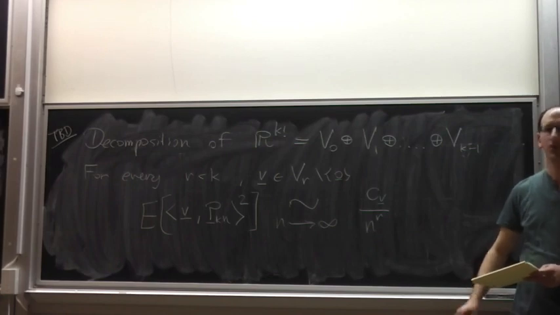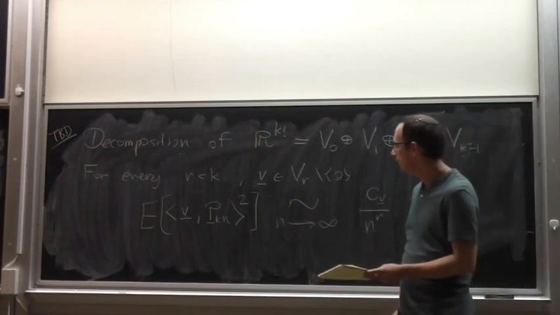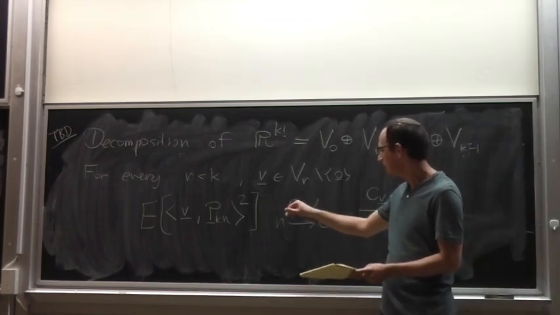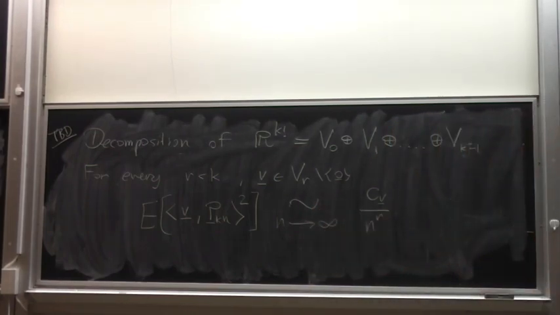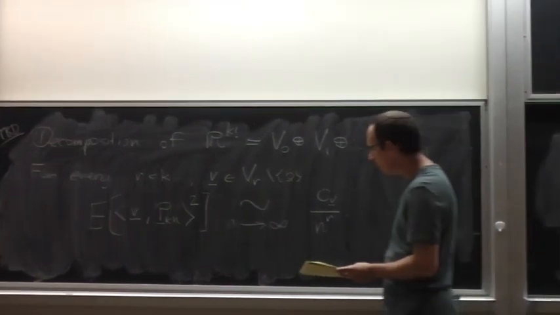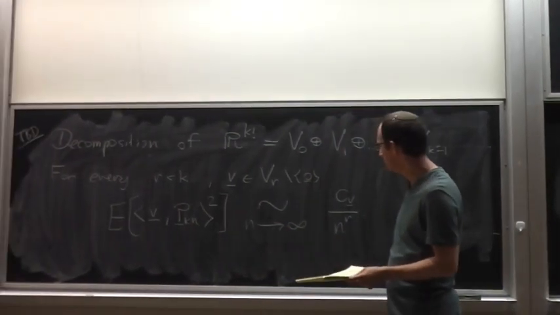I don't know if I have to remind you that two sequences an and bn are asymptotically equivalent if the ratio between an and bn goes to 1 as n goes to infinity. So this is this notation.